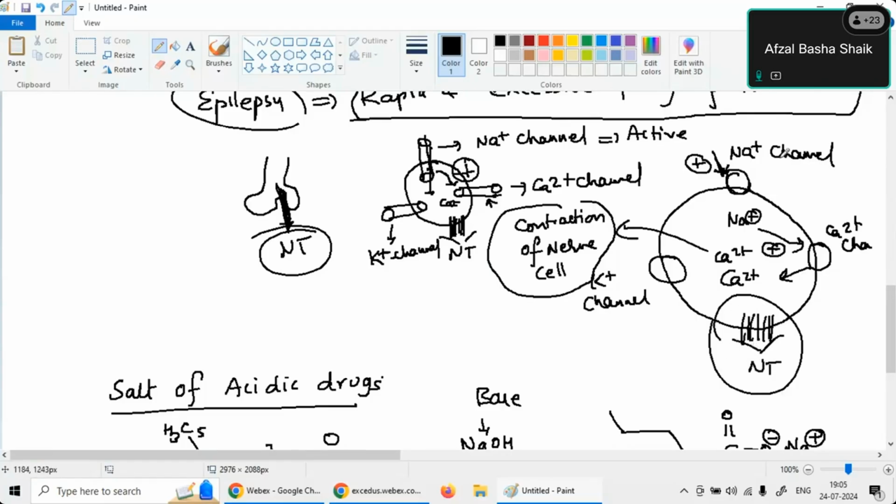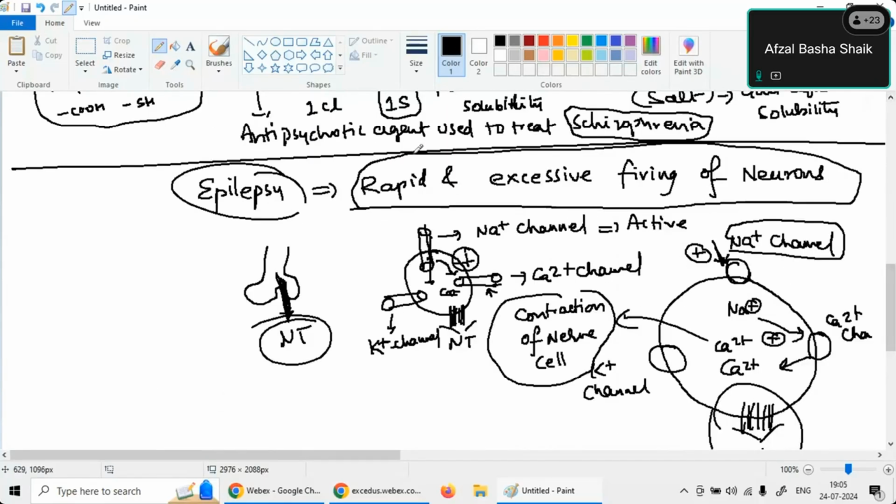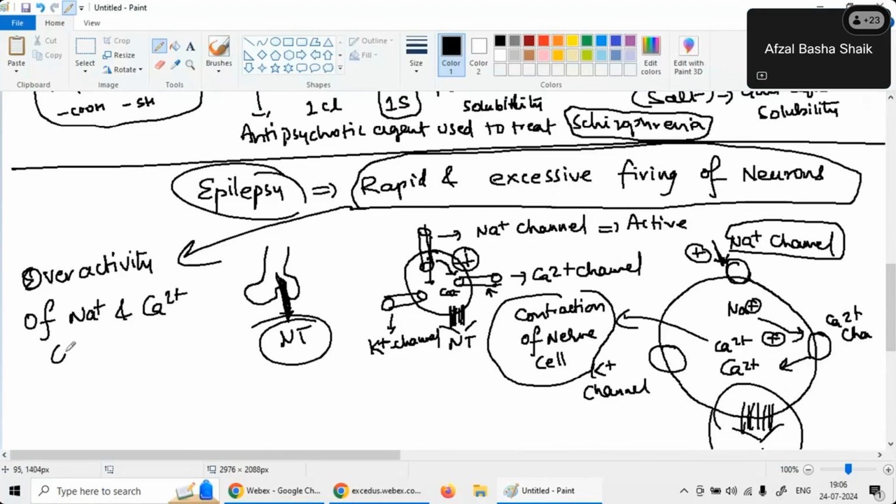So in epilepsy, as I told, there is rapid and excessive firing of neurons, when there is overactivity of what? Sodium and calcium channels.